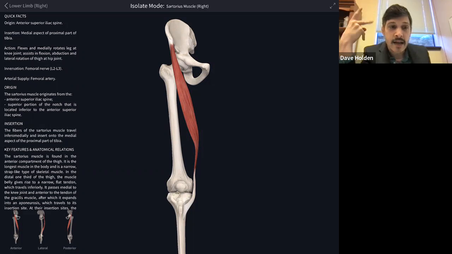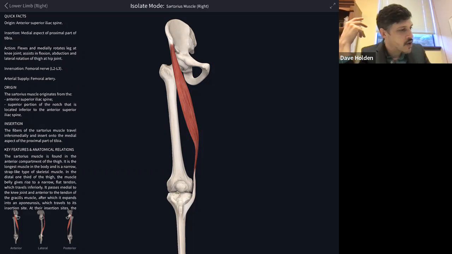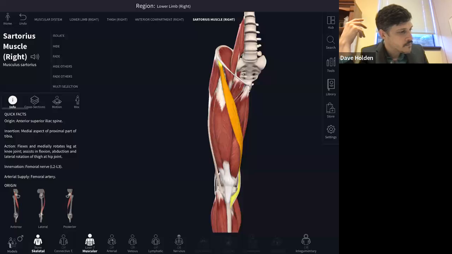Second thing we're going to look at. Notice the muscle starts on the lateral side, but it ends on the medial side.